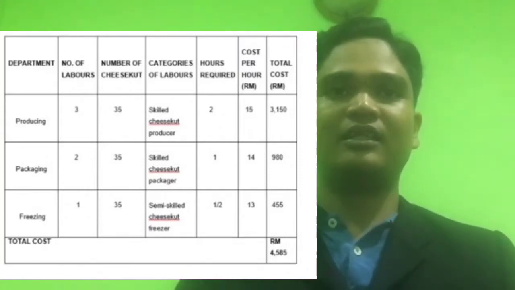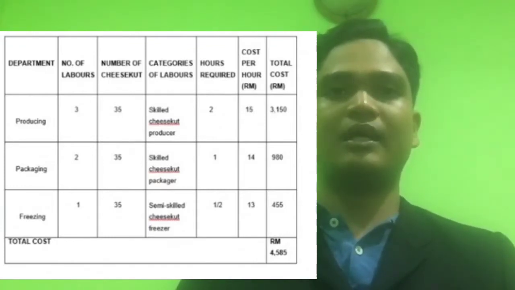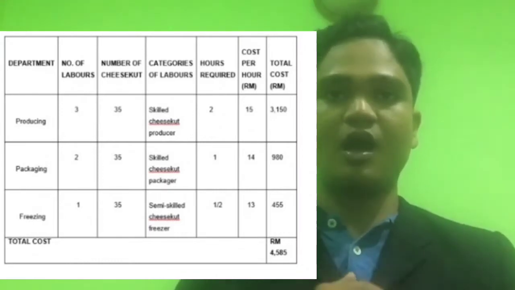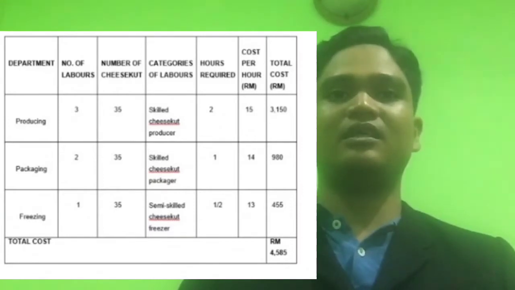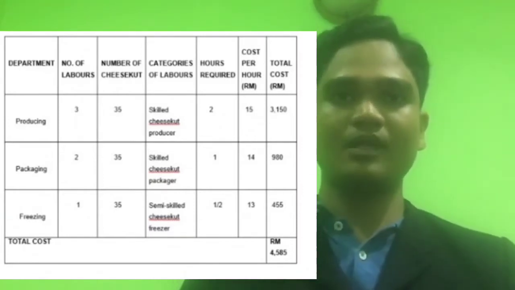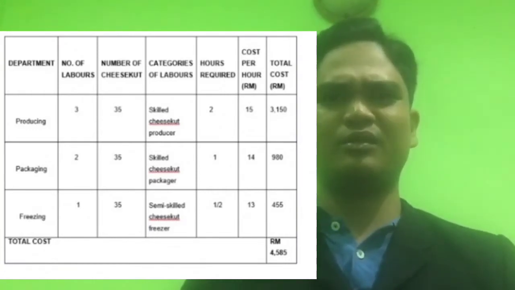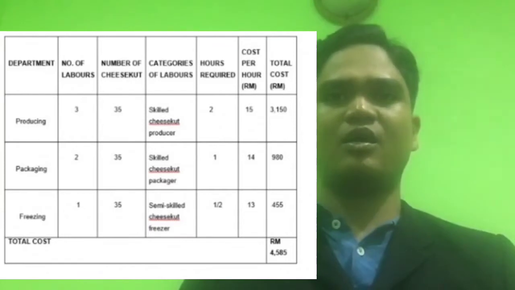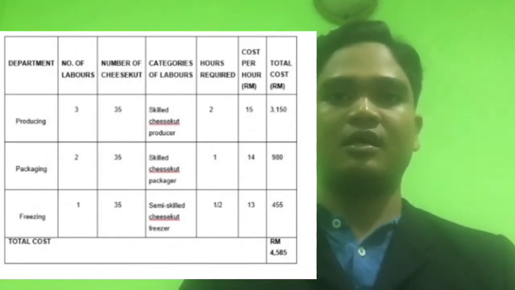The number of cheesecoats is the same as production, 35. The skill category of labor is skilled cheesecoat packager. The hour required for packaging is 1 hour only, and the cost per hour is 14 ringgit. So the total for packaging is 980 ringgit.